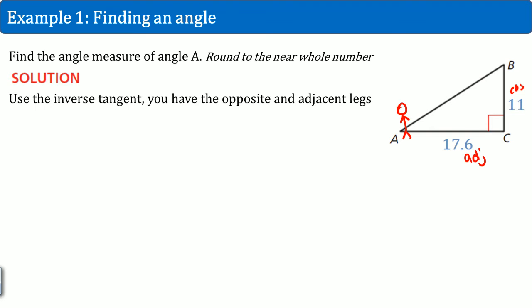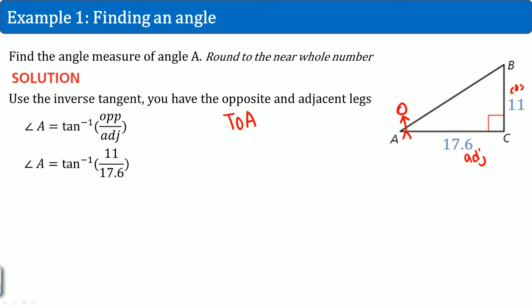You should notice you're going to use the inverse tangent because you have your opposite and your adjacent leg, which is your TOA. So all you have to do is put that in. Angle A is equal to the inverse tangent, parentheses, opposite over adjacent. So it should look like this. You plug it in. 11 goes in for the opposite, and the adjacent is 17.6.